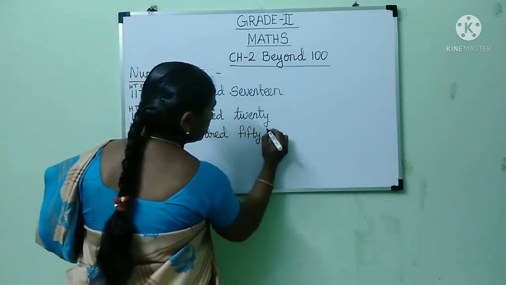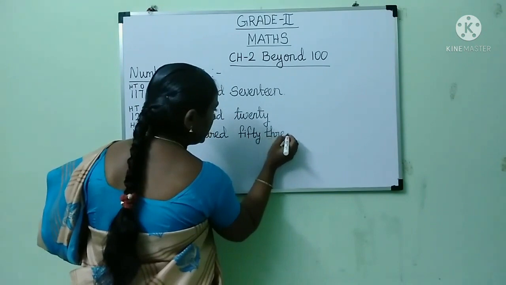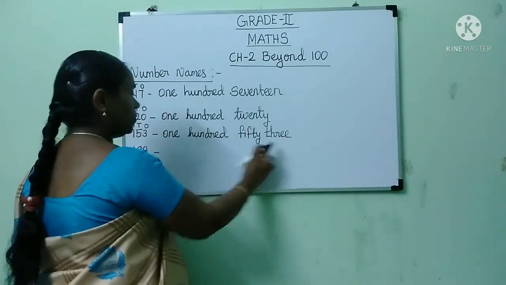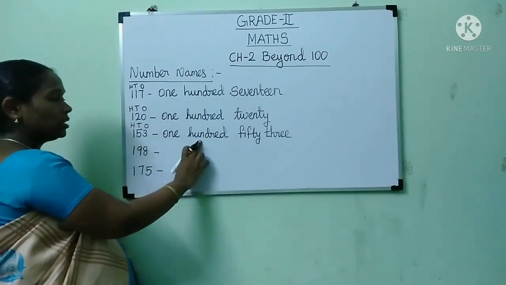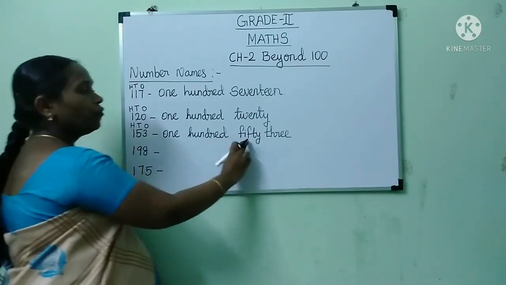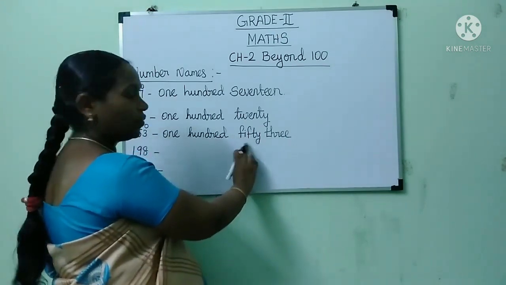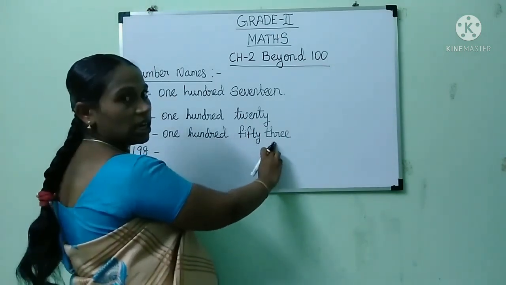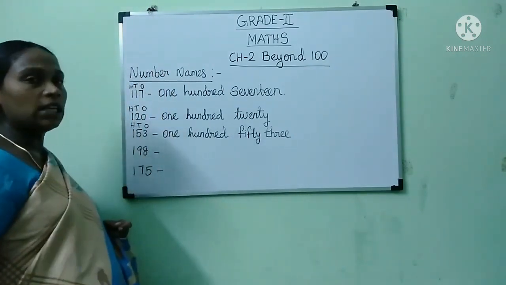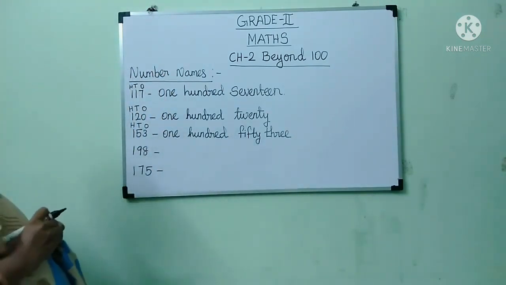F-I-F-T-Y, 50. T-H-R-E-E, 3. 153. Are you clear, children?